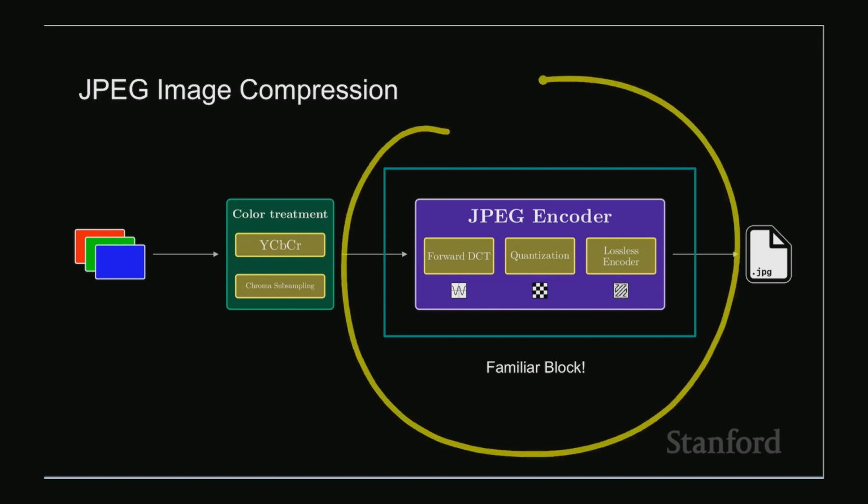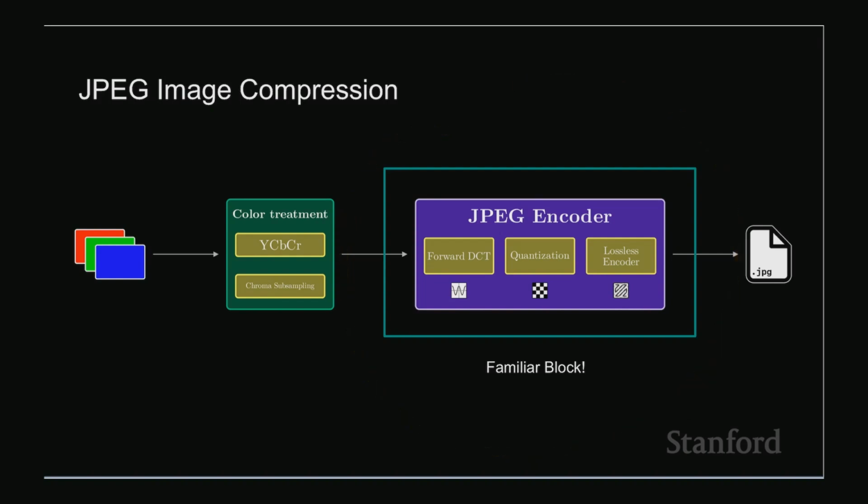Is this part familiar? We actually talked about it in the last class, right? This is the basic block of a lot of bare bones practical lossy compressors, consisting of these 3 steps: you do some transform coding, some quantization, and some entropy coding on top of it.